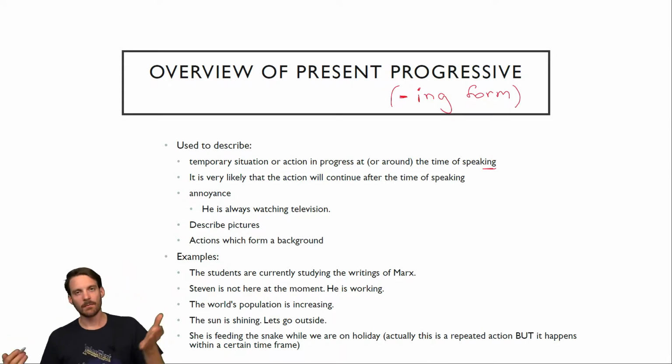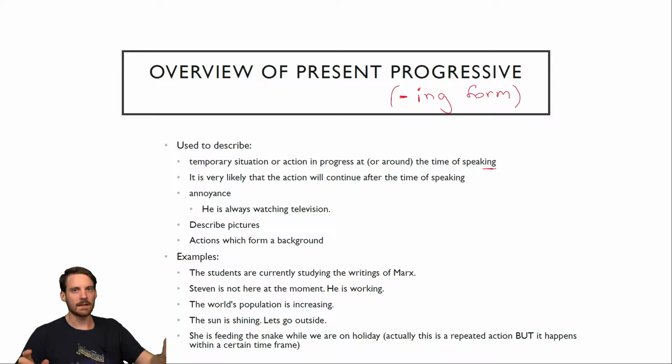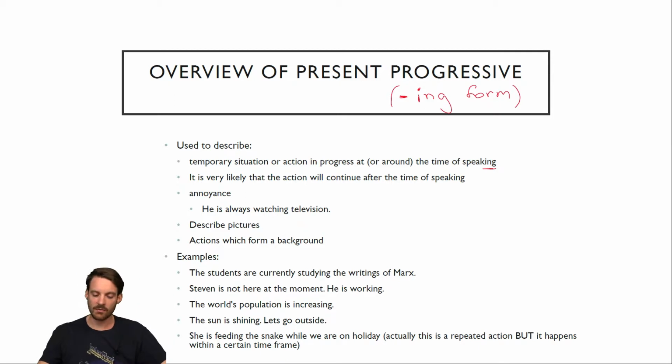So basically the so-called progressive or inform is used for temporary situations or actions in progress at the time of speaking. So I am speaking to you. That's what I'm doing right now.